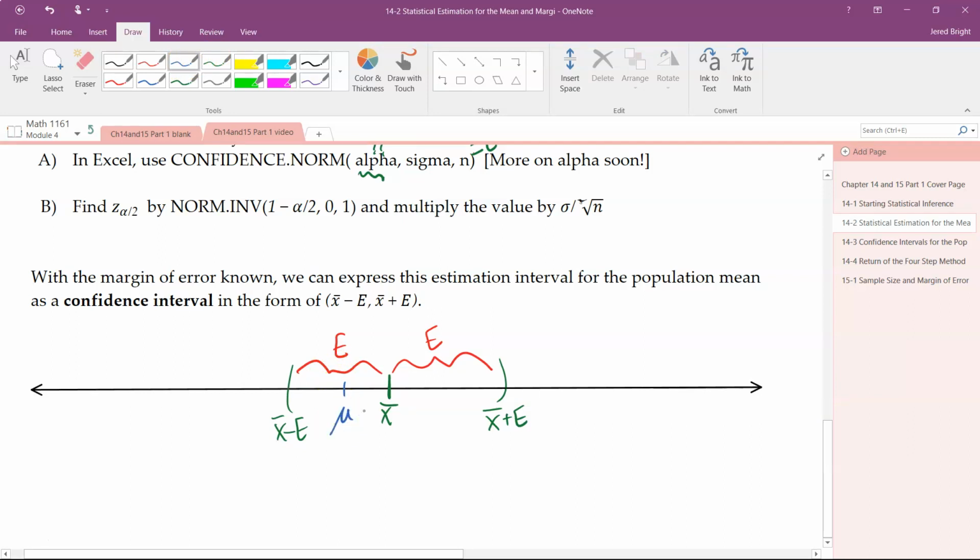It's an interval that contains the population mean with some degree of confidence, or some degree of accuracy. I don't want to say probability. In the next video, we'll talk more about this language of confidence interval, margin of error, and in particular, talk about that alpha value.